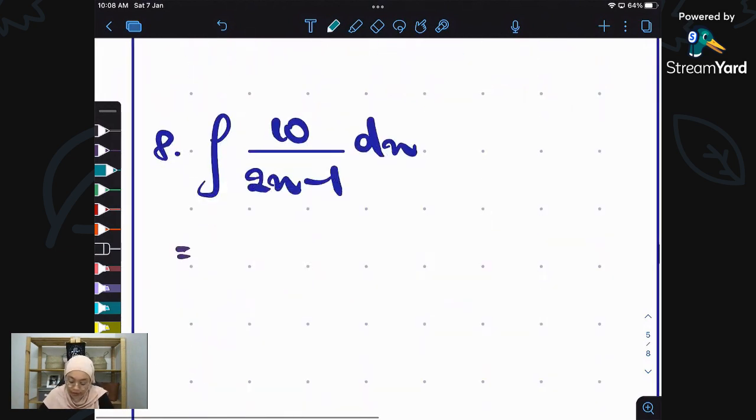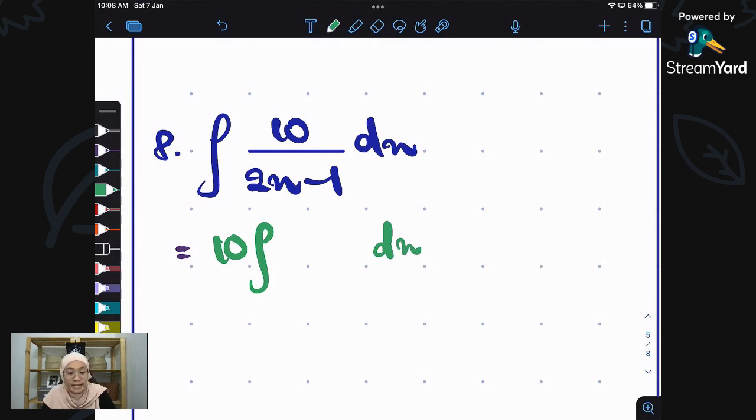Now, the next one. What do you do before you integrate? You must always remember to bring the constant outside, supaya you nampak 1 per itu, 1 per 2x tolak 1. Okay, for your information ya, 1 per ini wajib dilihatkan dahulu supaya baru you boleh apply the basic rule of integration.